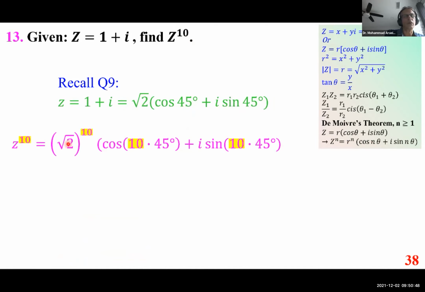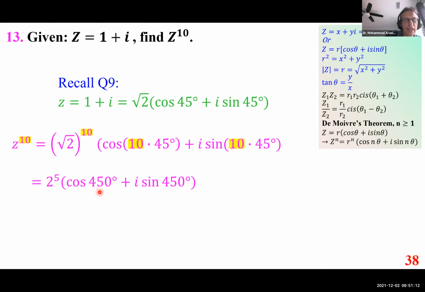Square root of 2 to the power of 10 means 2 to the power of 5. 10 times 45 means 450. Now, 2 to the power of 5, everybody knows is 32. 450 is larger than 360. Subtract 360 and it doesn't change anything.